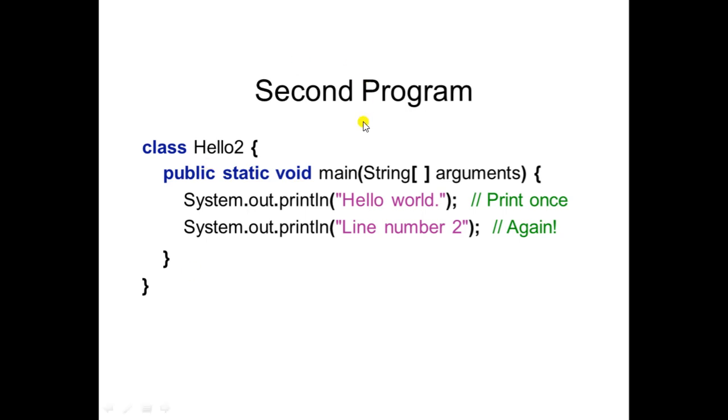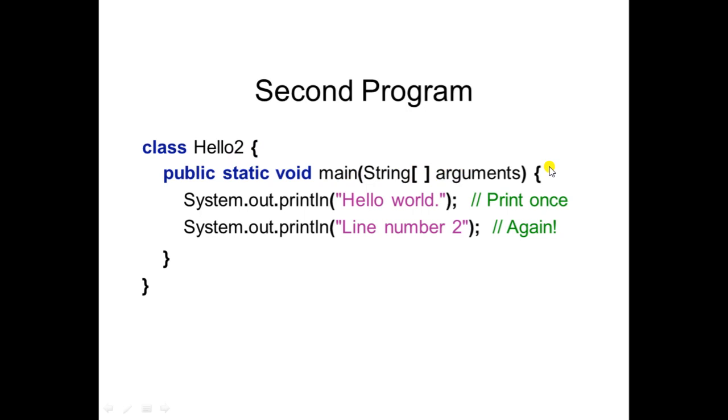Okay, then the second program. Here we have created another class. The name of the class is hello2. Then of course the class is opened through the curly bracket. Then you need to write public static void main. In brackets I have written String args.